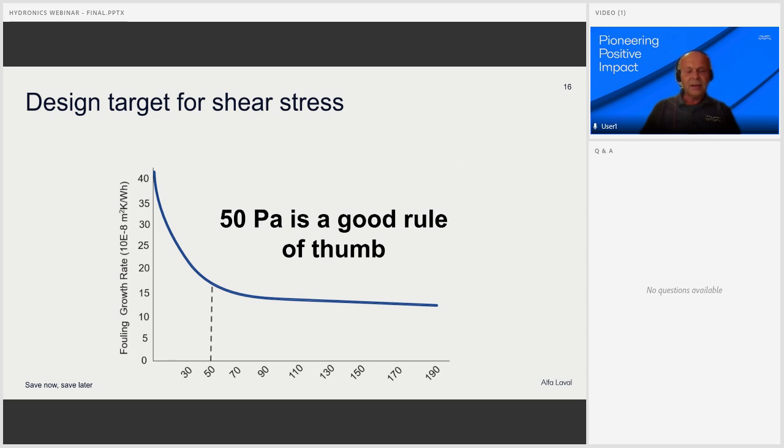And we can see that if we calculate units around the shear stress tau value of 50 Pa, that's a good rule of thumb. In our specifications, AHRI specifications, the shear stress, the tau rate, will be defined and given.